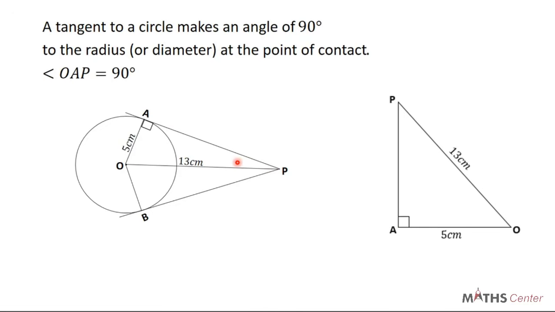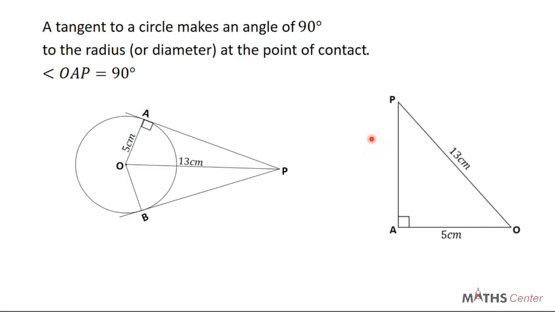Now 13 centimeters is going to be the hypotenuse, since that is the longest side, the side facing the right angle. Then OA is going to be the base of the triangle. That is the radius, 5 centimeters. I hope that is clear.